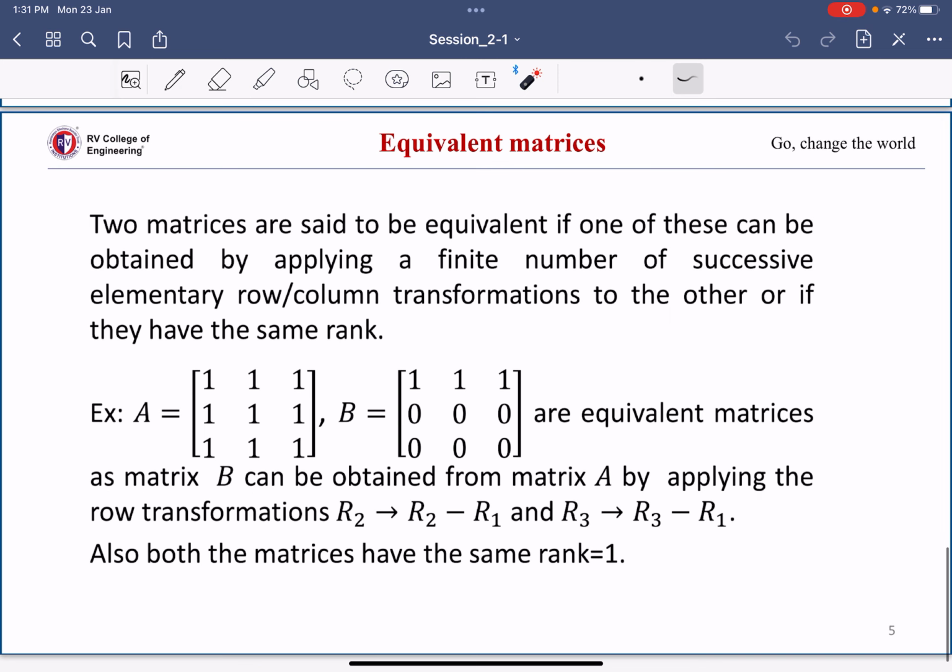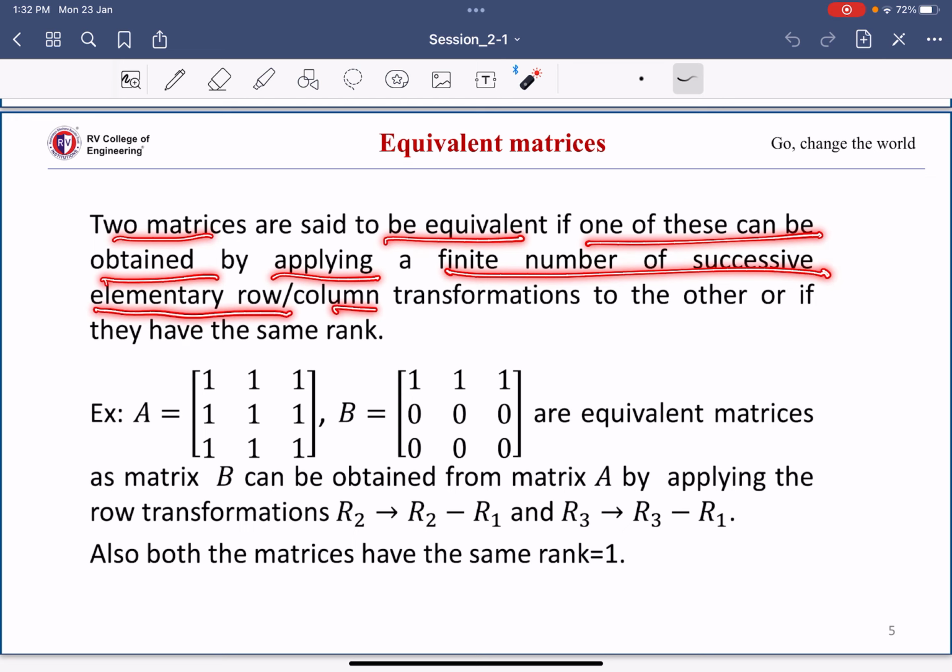Coming to equivalent matrices. When do you say the matrices are equivalent? Two matrices are said to be equivalent if one of these can be obtained by applying a finite number of successive elementary row or column transformations to the other, or if they have the same rank.